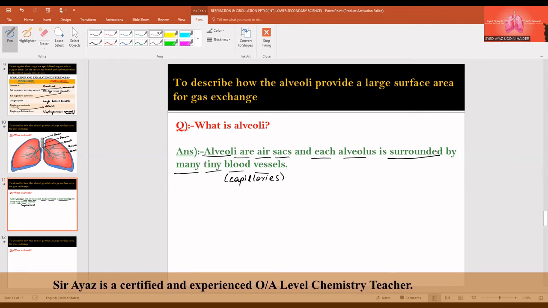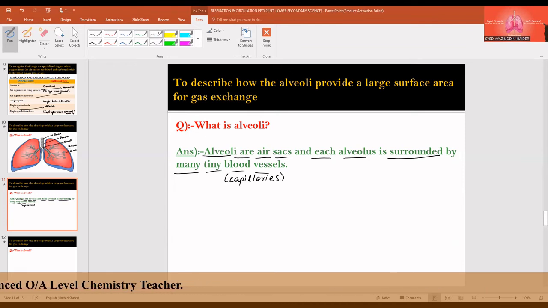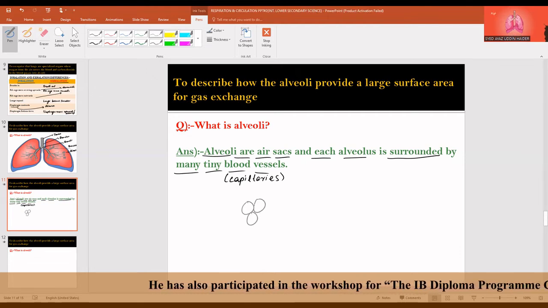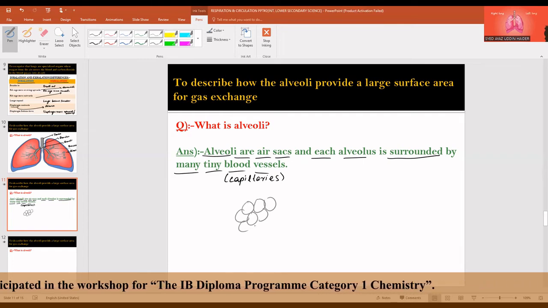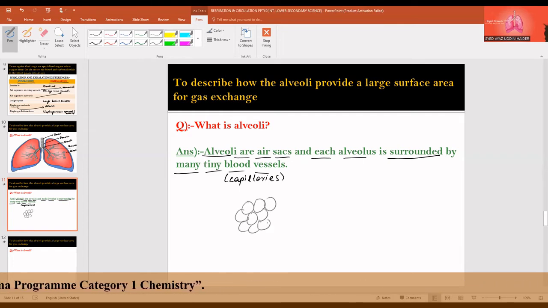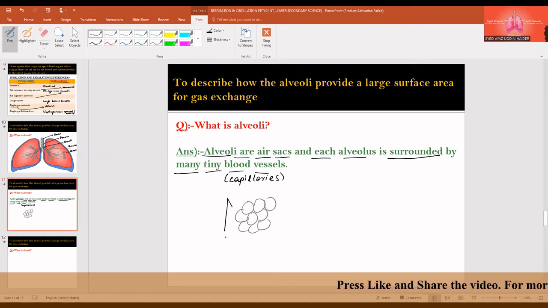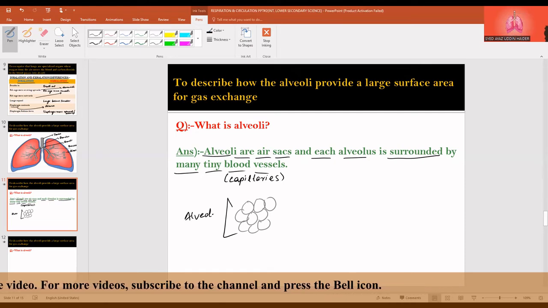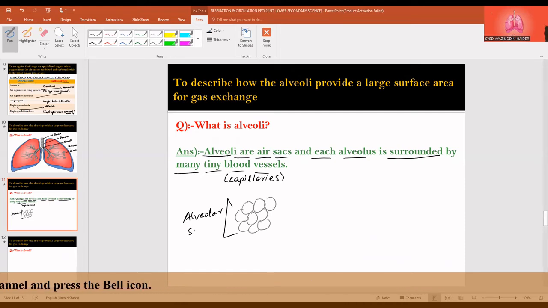Now here you are having alveoli, lots of alveoli. A bunch of grapes. The whole one is known as alveolar sac, and the single one is called alveolus.